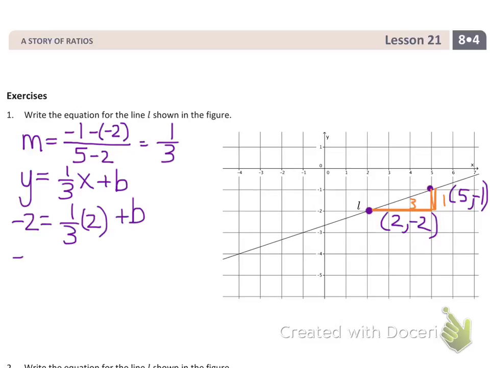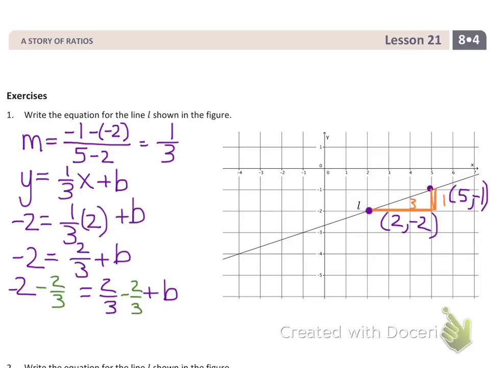So we've got -2 is equal to 2/3 plus b. We subtract 2/3 from both sides to get b by itself.